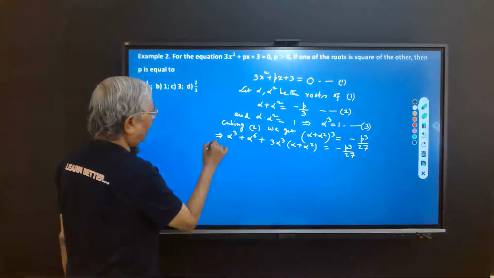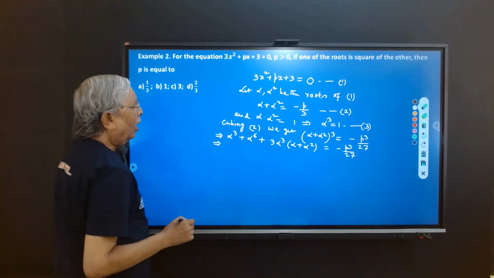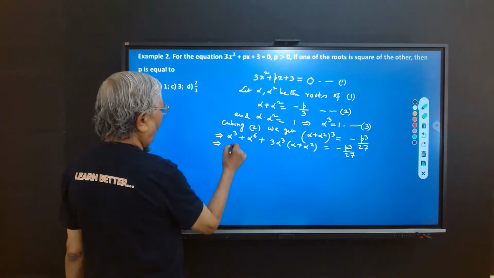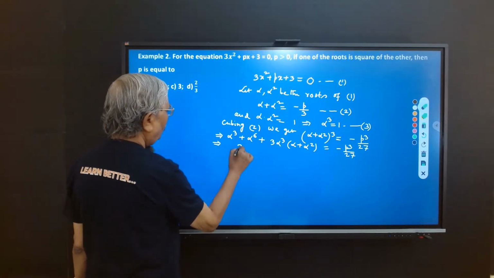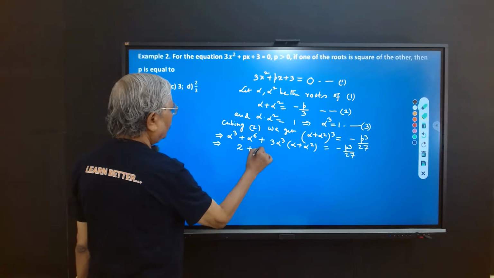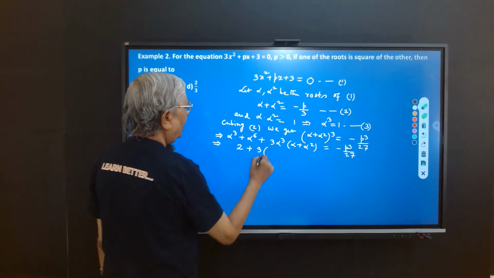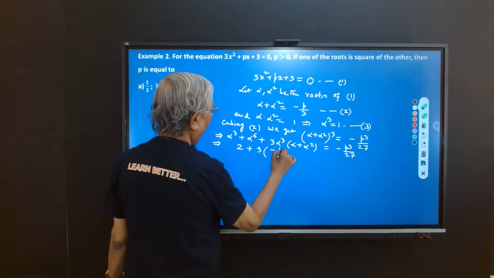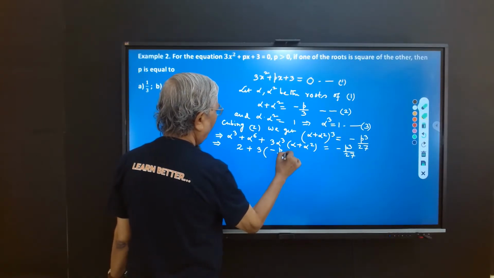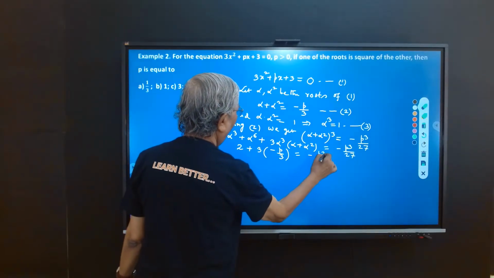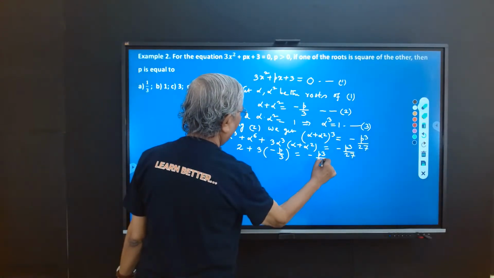Now this will imply alpha cube is equal to 1. So 1 plus 1, that is 2, plus 3 into what is our alpha plus alpha square? This is our minus p by 3, equals to minus p cube by 27.